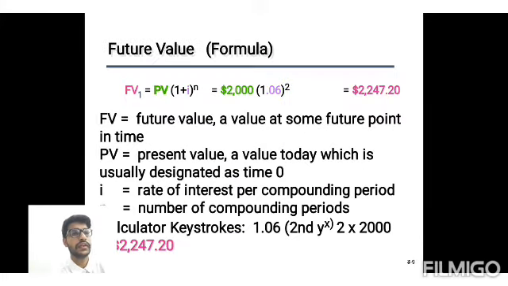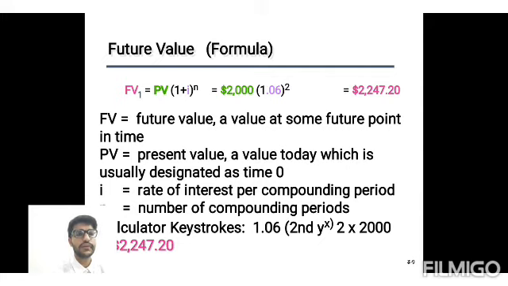Future value FV is equal to PV times (1 plus i) to the power n, which is equal to 2000 times (1.06) squared.